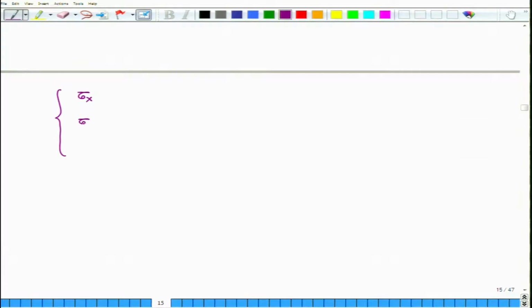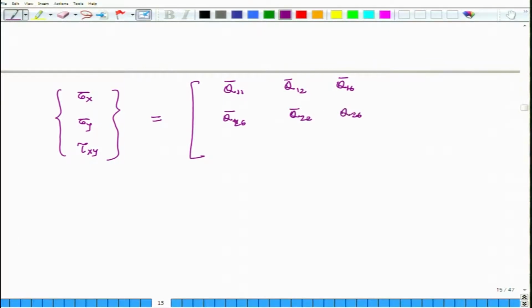Sigma x, sigma y, tau xy equals Q11 bar, Q12 bar, Q16 bar, Q26 bar, Q22 bar and Q26 bar. Oh, I am sorry.